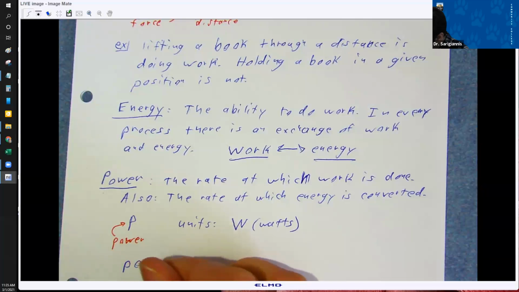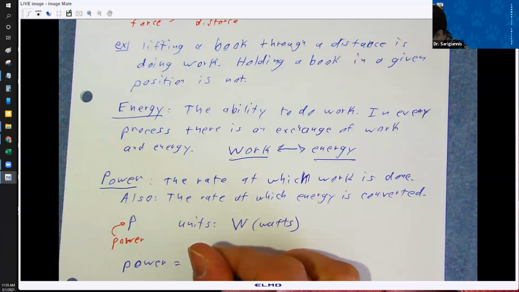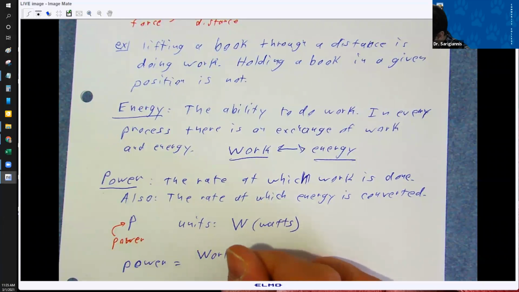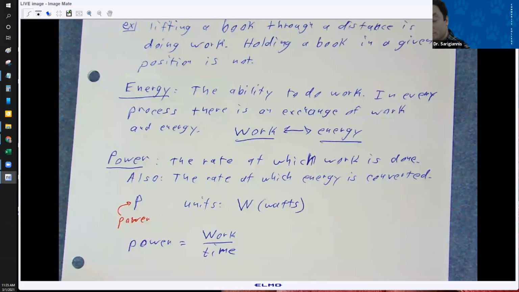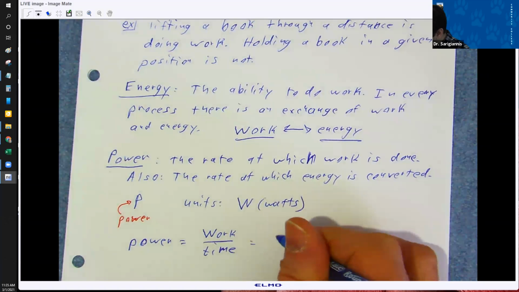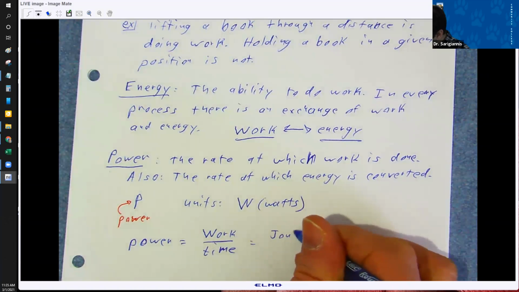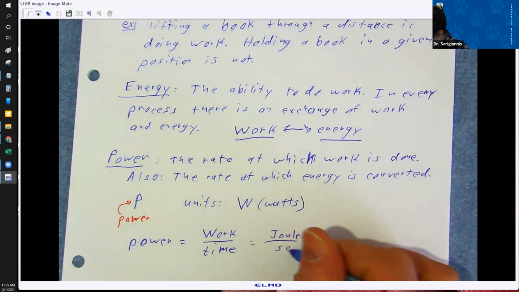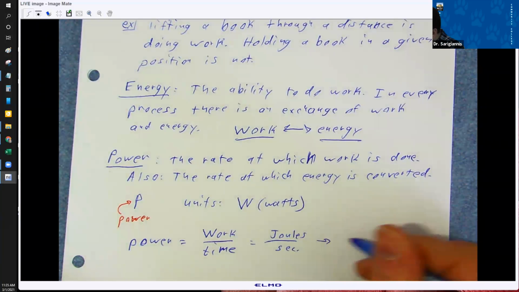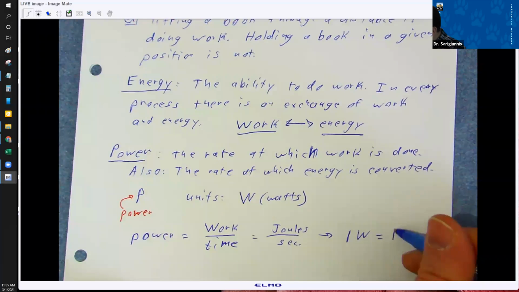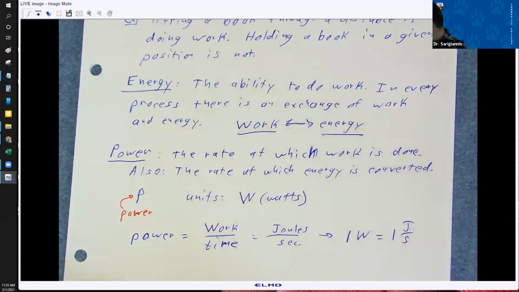Power is equal to work over time, and the units are joules per second. So that's what 1 watt is. 1 watt is equal to 1 joule per second.